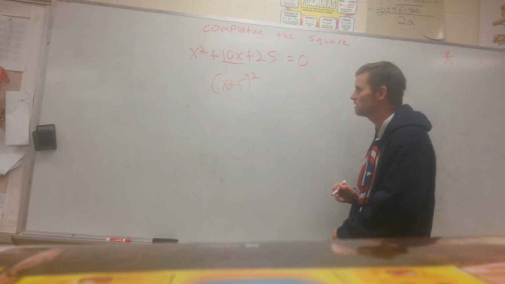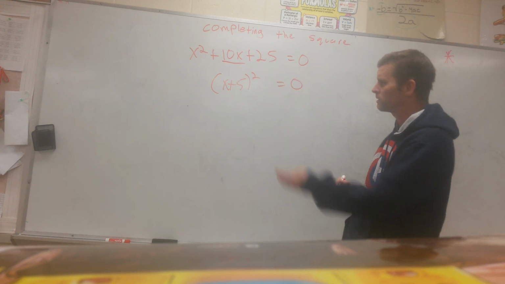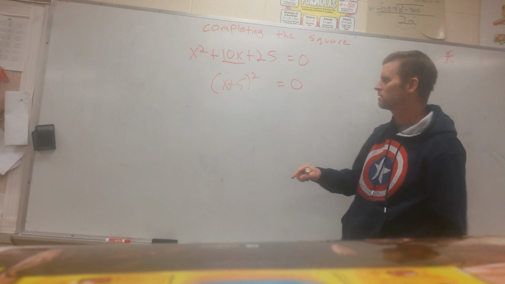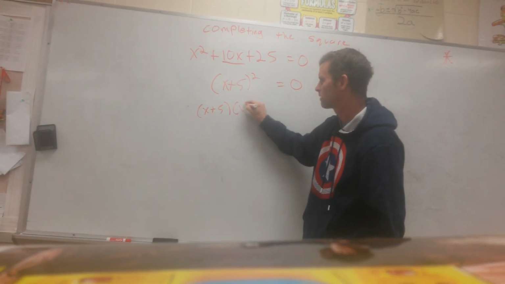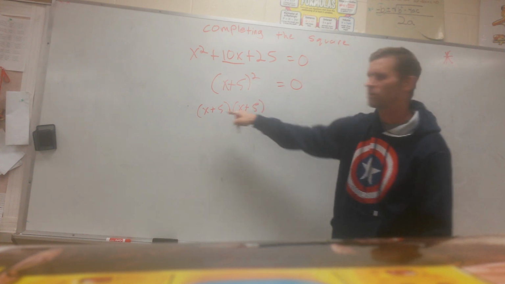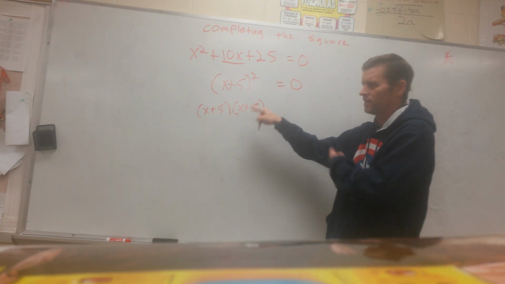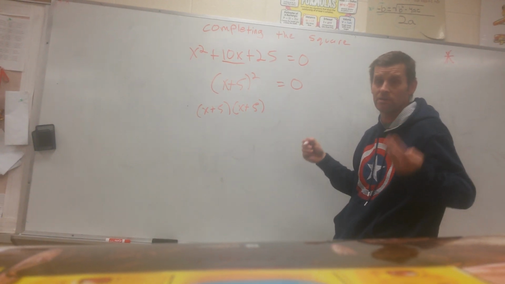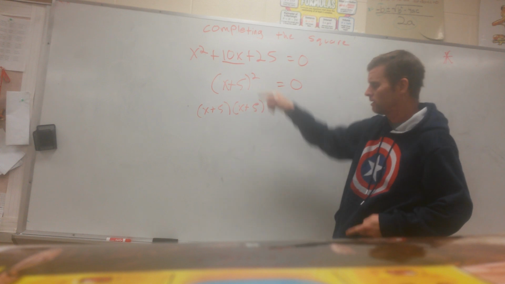Now we've already done these. Equals 0. All right, and when we solved by factoring, you would have set each one of these equal to 0, so the answers would be -5 and -5, same answer. Okay, well, we can use a more traditional method here.